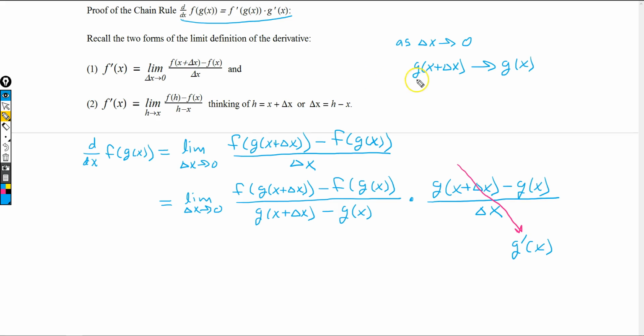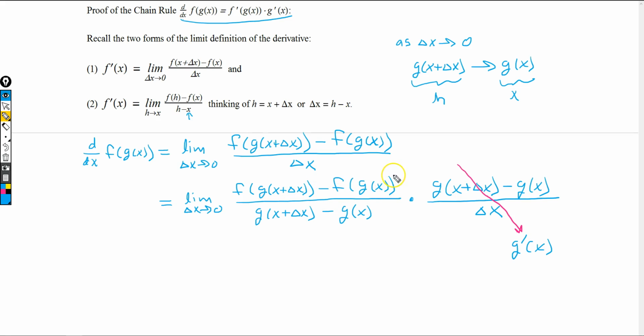So it's continuous. So you see, this piece right here is sort of behaving like the h. It is. That's exactly what it is. It's the h over here in this limit definition for our derivative. And this piece right here is like the x over here. That's like the x. And so this g of x plus delta x minus g of x, that's the h minus x. G of x right here is like the x sitting right here in the parenthesis of the function f up here.